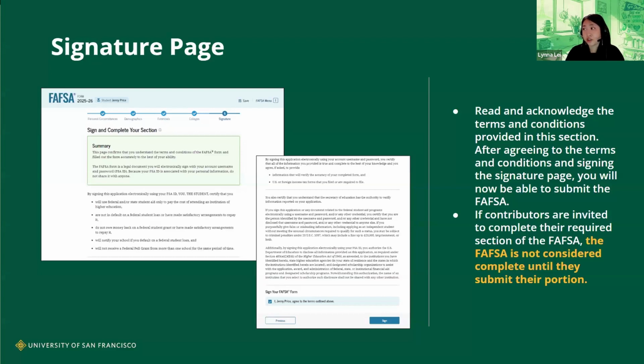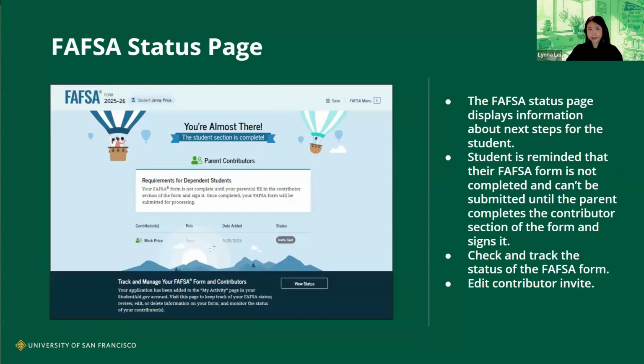And if there are contributors that are invited to complete the FAFSA, your FAFSA is not considered complete until they have submitted their portion. So you and the contributors will need to submit everything and consent to everything in order to have a completed FAFSA.